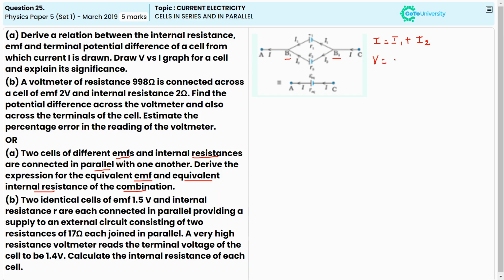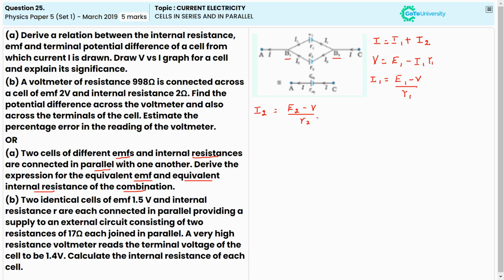V is equal to E1 minus I1 R1, which gives I1 is equal to E1 minus V divided by R1. Similarly, I2 is equal to E2 minus V divided by R2.